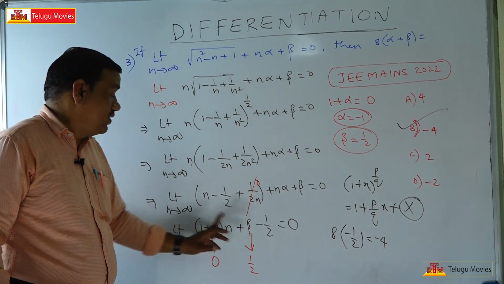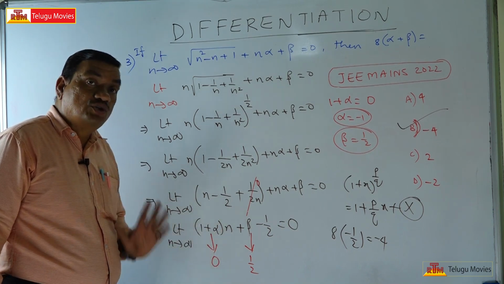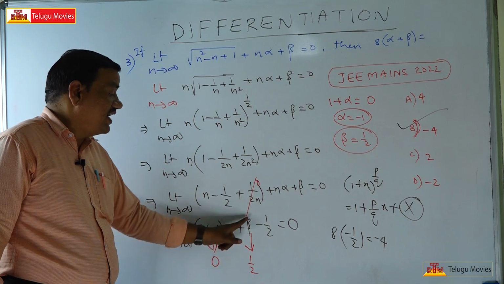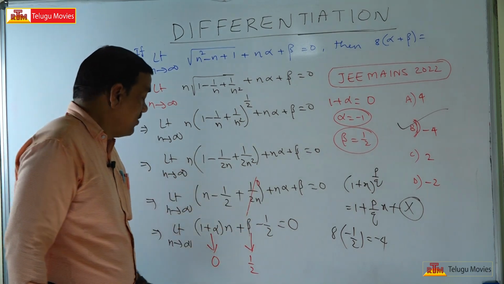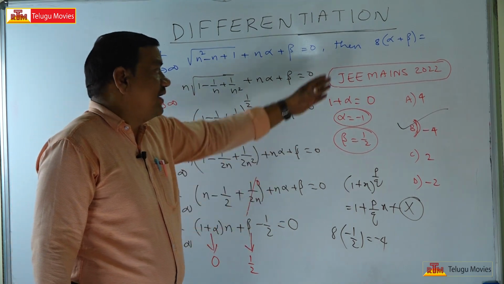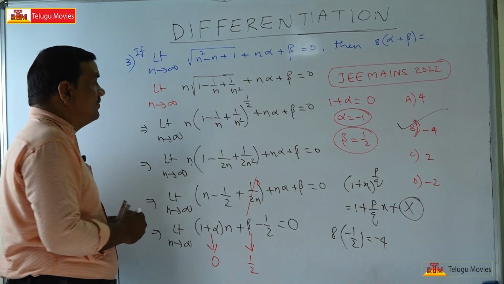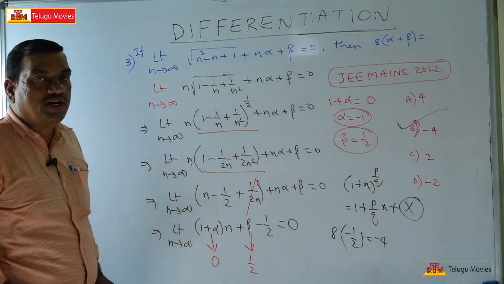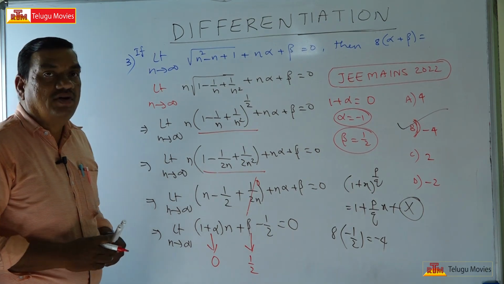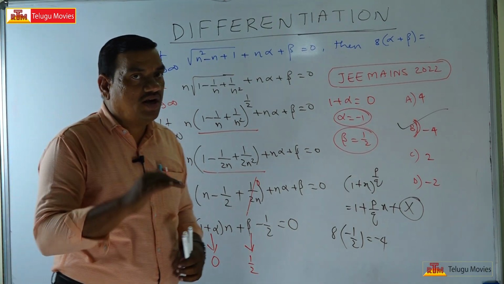That means 1 plus alpha value should be equal to 0, and if beta is 1 by 2, then 1 by 2 minus 1 by 2 becomes 0. So you know the alpha value and beta value, and substituting there, you will get the answer minus 4. Be very careful here. From this step, if you are able to write it down, the problem will be very easy. I hope you understand this solution. Let us go for the next problem.